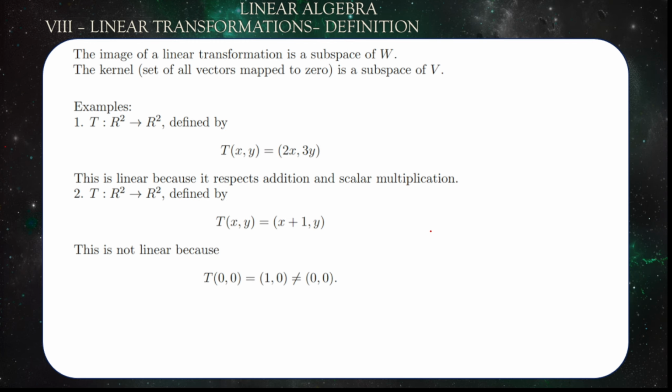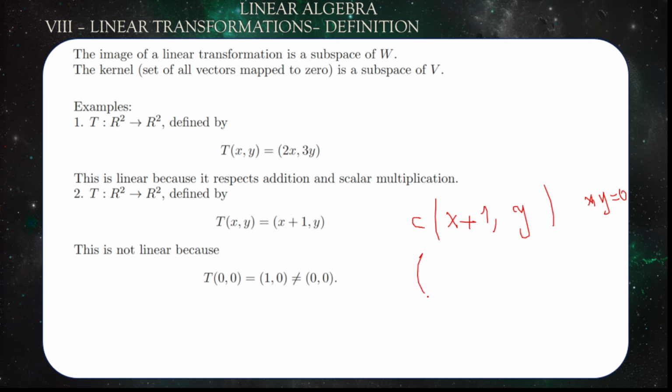Now, another proof. Let's say we want to prove that scalar multiplication is not respected. If we multiply T by a scalar c which is different from 0, c can be 3, 4, 5, whatever number you want, we get (cx plus 1, cy), for x and y equal to 0.